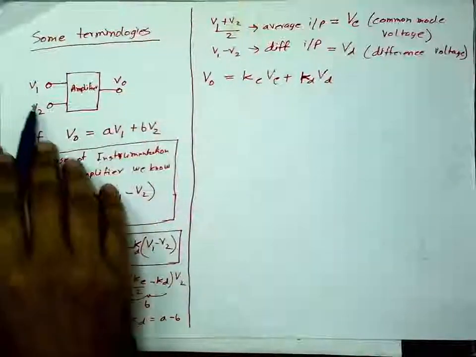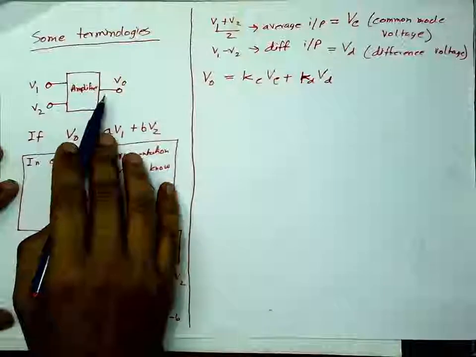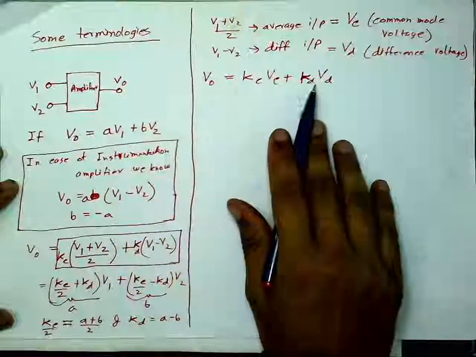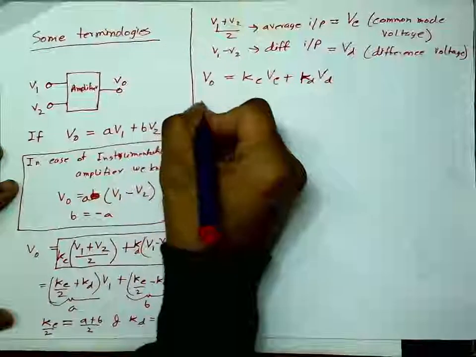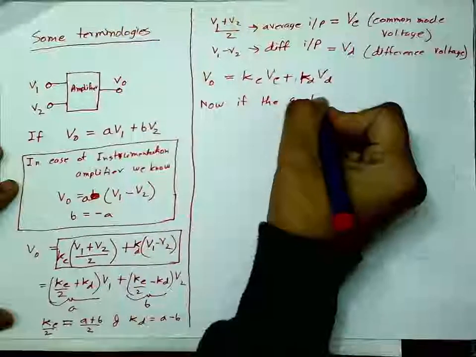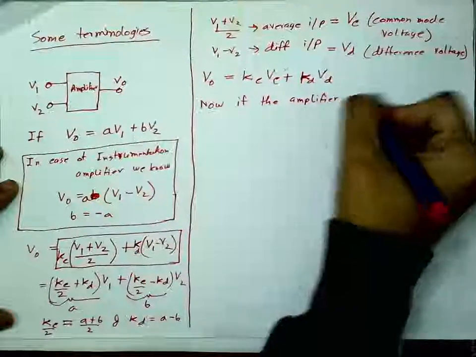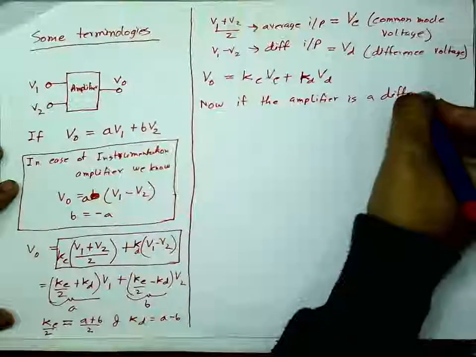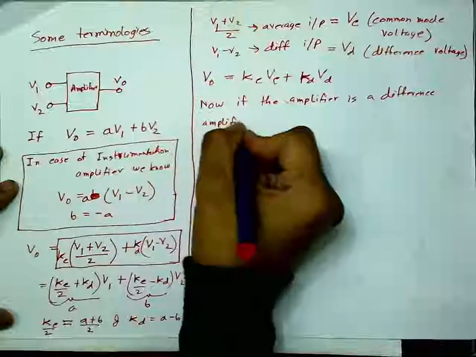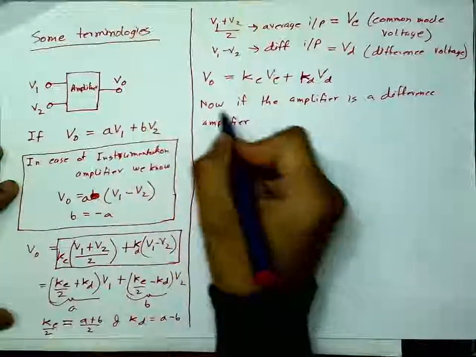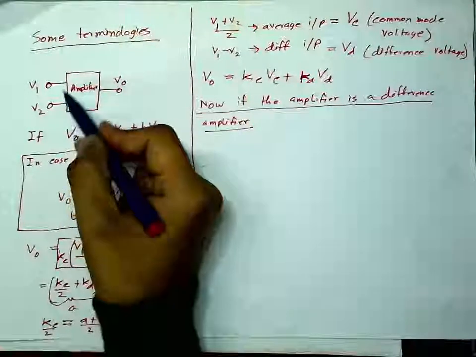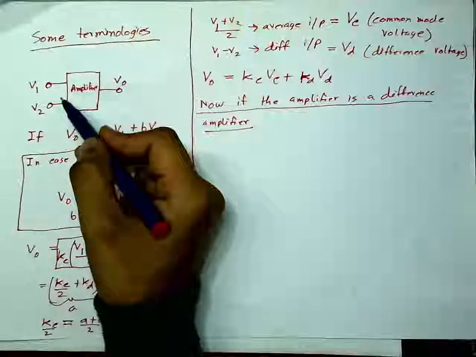Now, this is true if we have an amplifier for which the output is some linear function of the two inputs like this, then we can write it this way. And now if the amplifier is a difference amplifier, which means the task of this amplifier is to amplify only the difference and should not bother about the average.